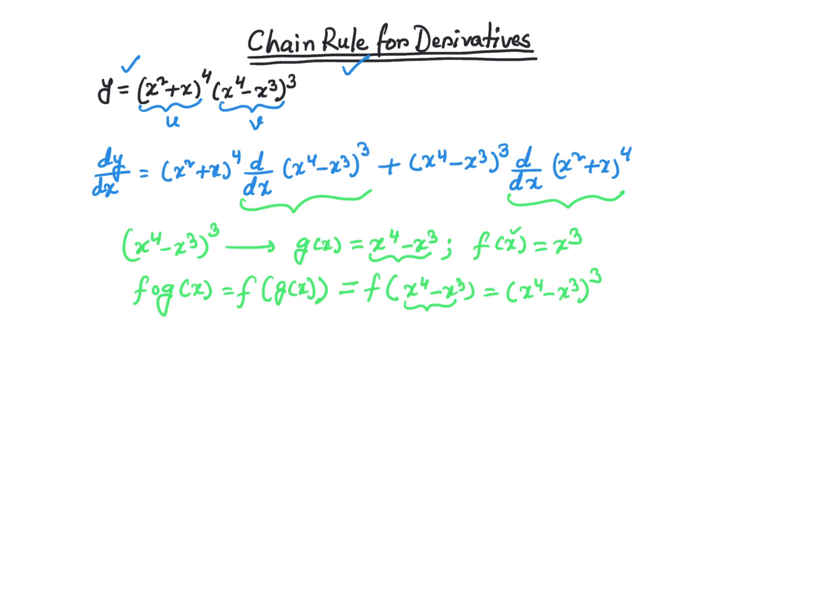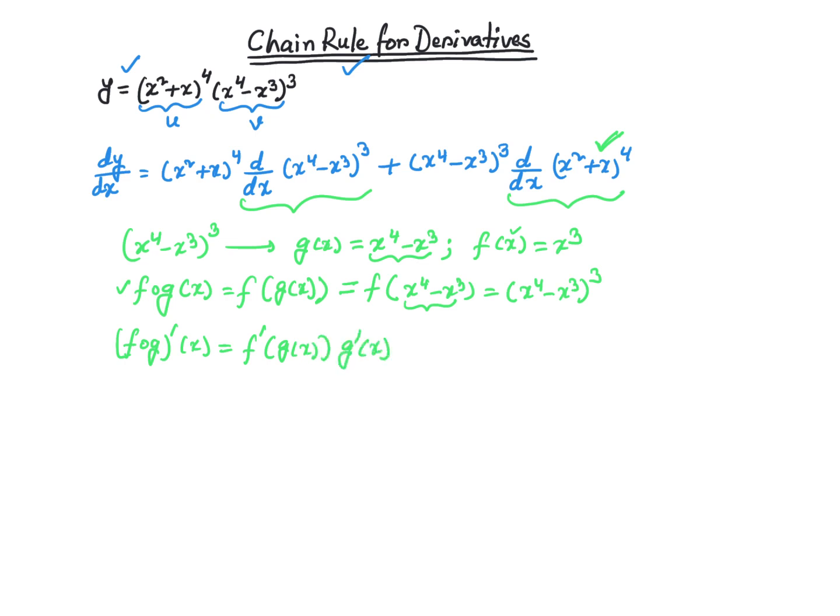Now I can use the function composition rule. By the way, what I just did here could be applied exactly the same way to this other derivative. So the derivative of f composed with g of x is going to be f prime of g of x times g prime of x.